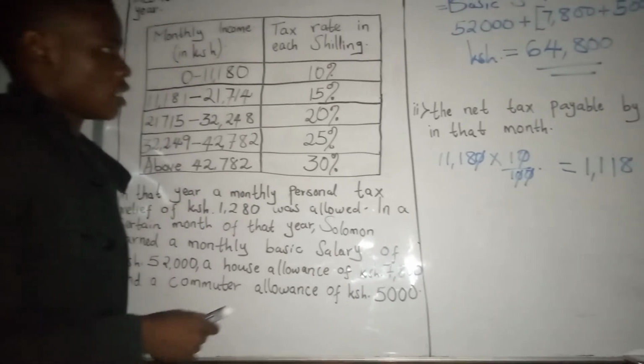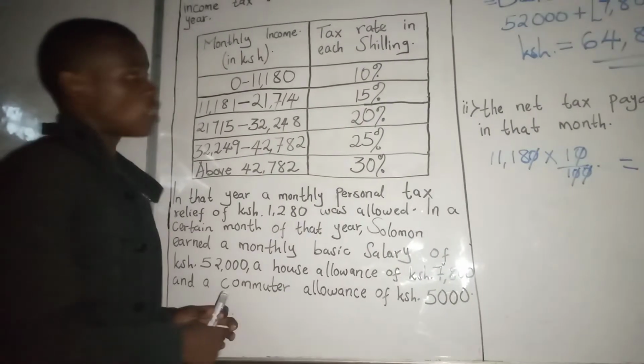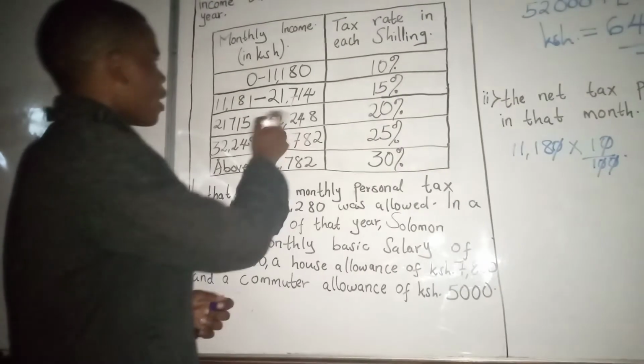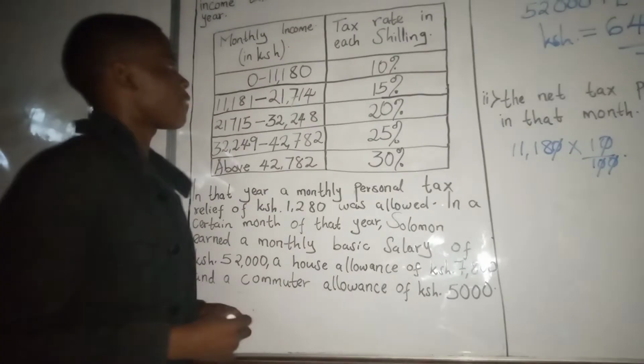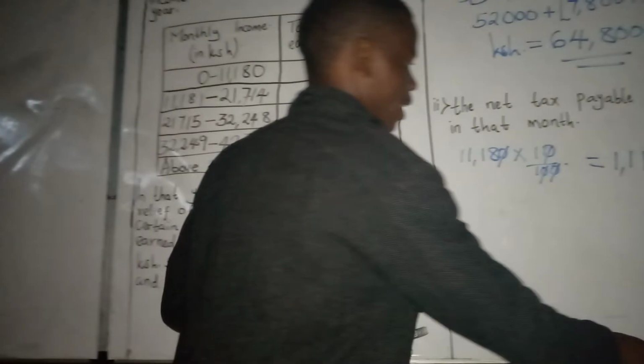Then we come to the second portion, where we are going to subtract this one with the first column. So we are going to have 21,714 minus 11,180.